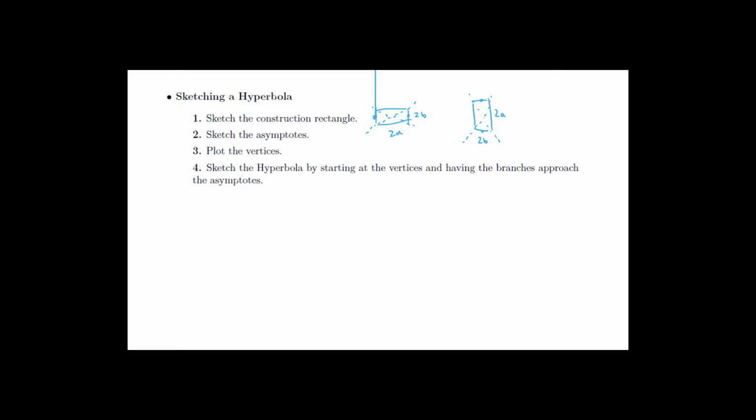And then from there you can sketch the hyperbola by starting at the vertices and then just allowing that hyperbola to approach the asymptotes. All right, so there's a very sloppy version of a hyperbola there.